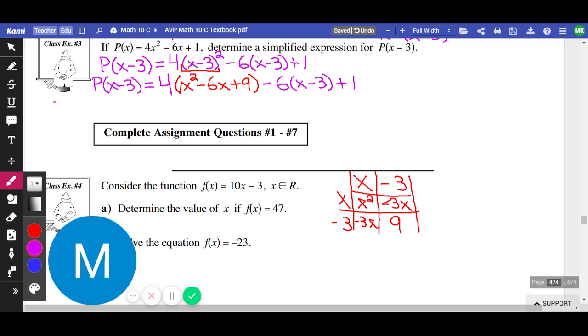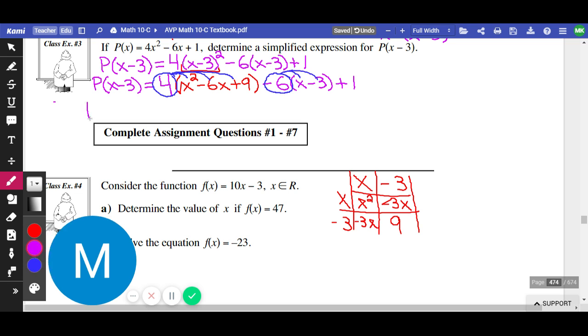The second thing I try to simplify is any multiplication that needs to happen. So we do have some coefficients here that need to be dealt with. Right? This guy right here needs to be multiplied in. And this guy right here needs to be multiplied in. So we distribute our coefficients into the brackets.